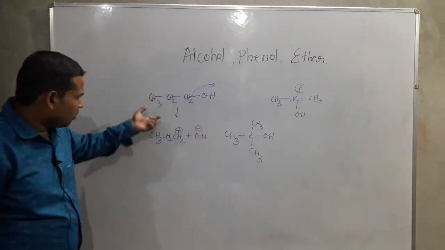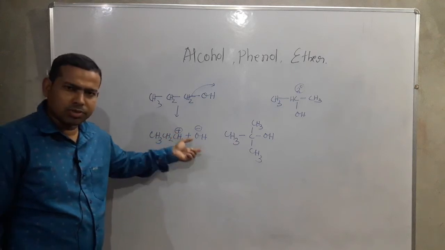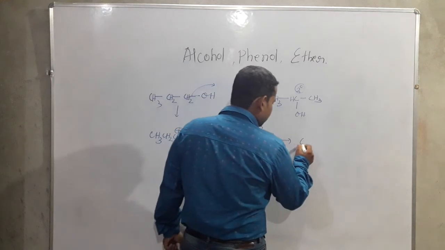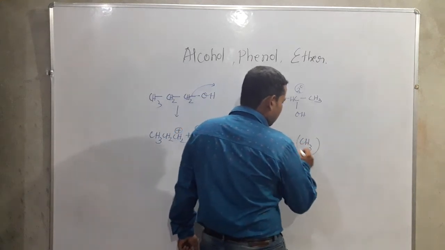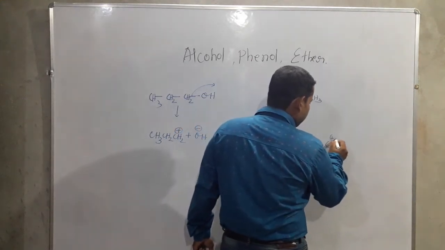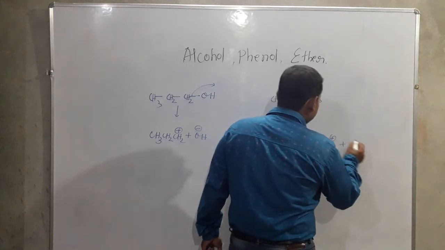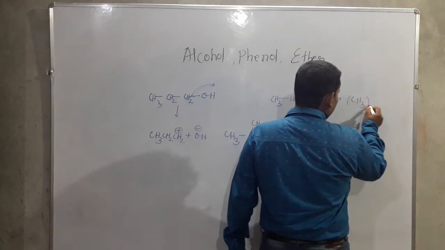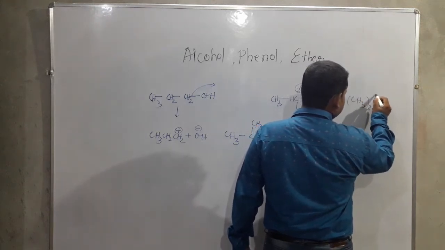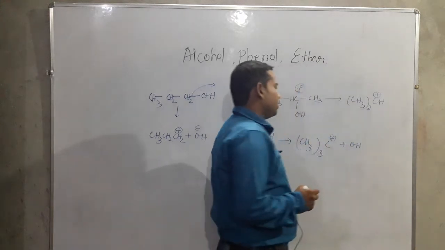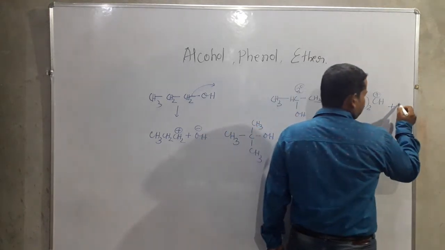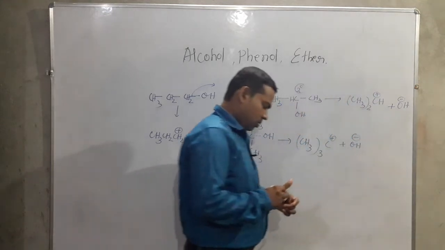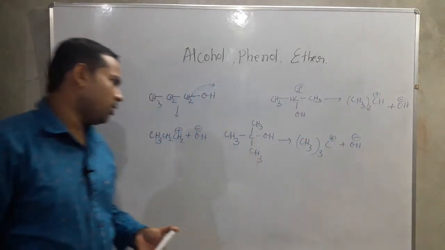Clear? So alcohol dissociates and forms a base. That's why it is known as basic in nature. Tertiary alcohol also dissociates and forms CH3 whole 3 C plus OH minus. Secondary alcohol also dissociates, CH3 whole 2 CH plus, plus OH minus. So all of these alcohols produce OH minus after dissociation.